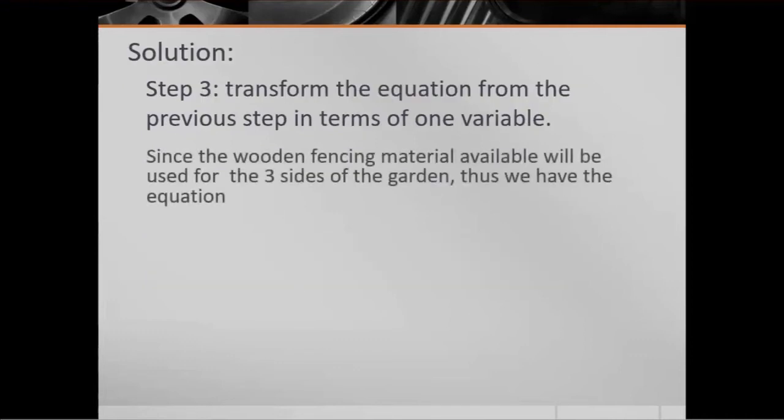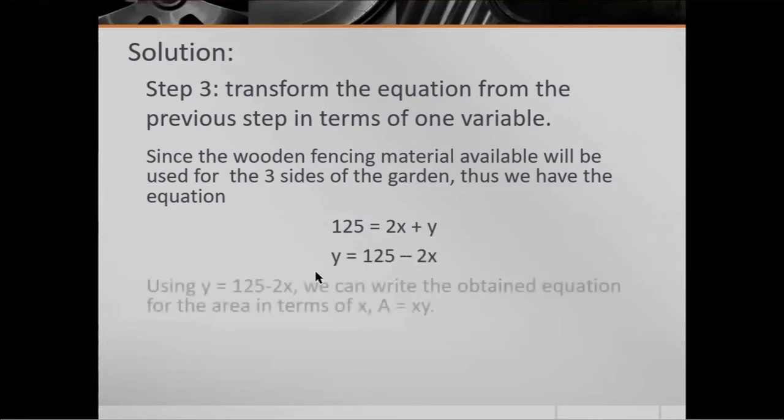Since the wooden fencing material available will be used for the three sides of the garden, we have the equation 125 equals 2x plus y. So dito ginamit natin yung formula ng perimeter. Then solve for y, we have y equals 125 minus 2x.